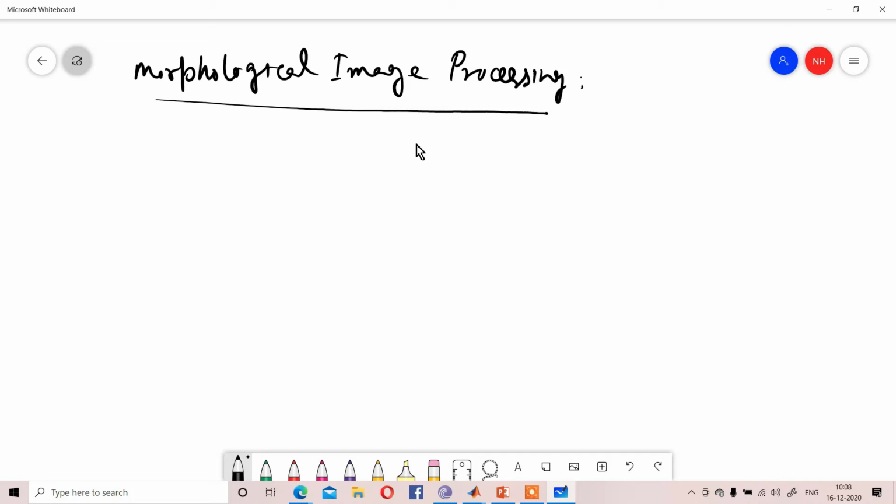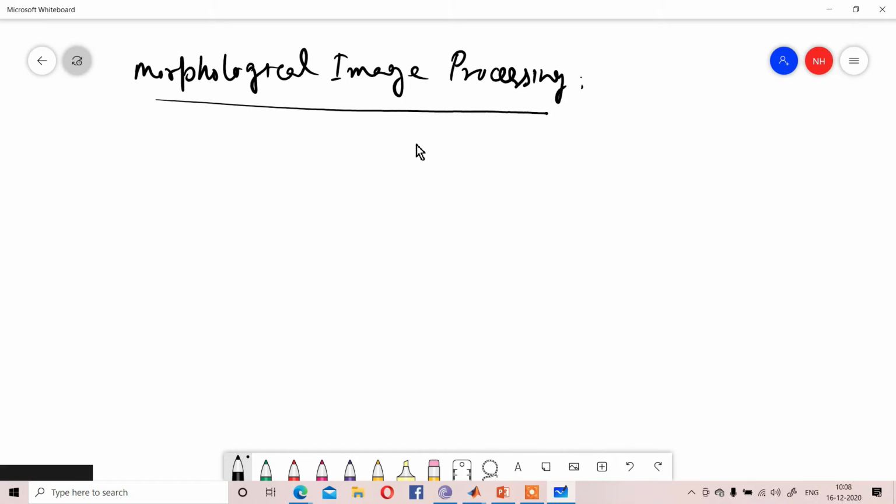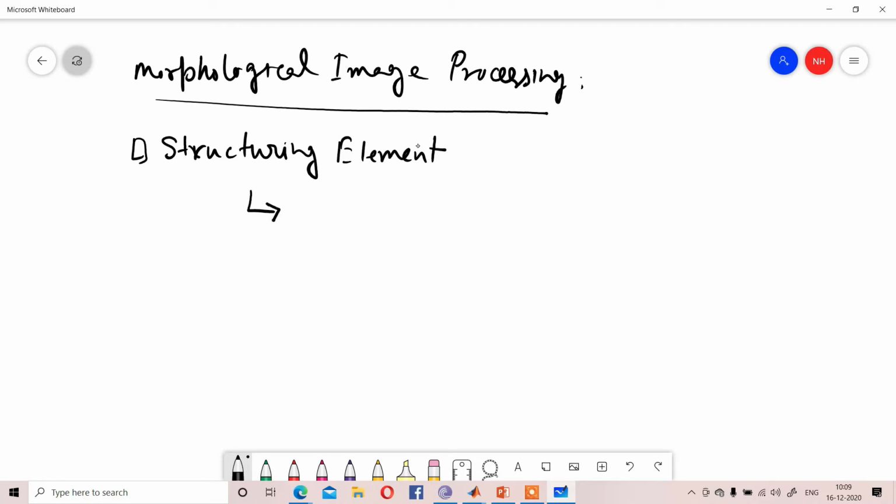Okay, is it clear why we need morphological image processing? Then, to do morphological image processing, one very important point you need to know is the structuring element. What is that structuring element?